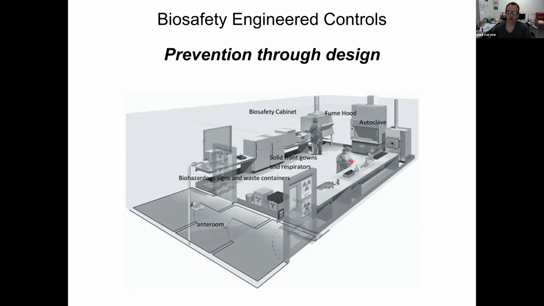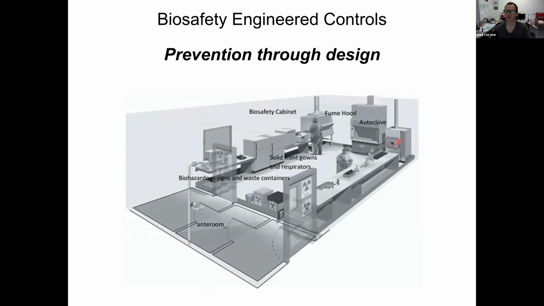And the reason why this is a very important engineered control is if you have any waste that came in contact with the virus, in fact, any waste, the only way that it can leave this facility is through the autoclave. So you put it in the autoclave, you close the door, it raises the temperature very, very high, pressure very high, kills anything that's in there.